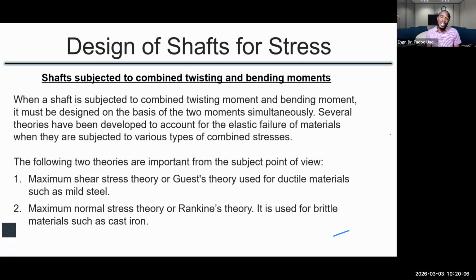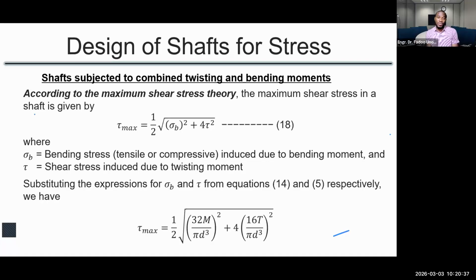So if they tell you the type of material and you know whether it is brittle or not, then you use either of these theories. Otherwise, you will need to apply both theories, compare the value of the diameter between both of them, and then choose the bigger diameter. So let's look at the maximum shear stress theory. Give me a minute.